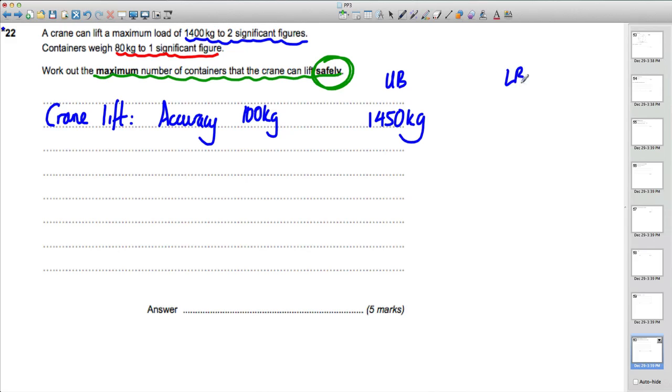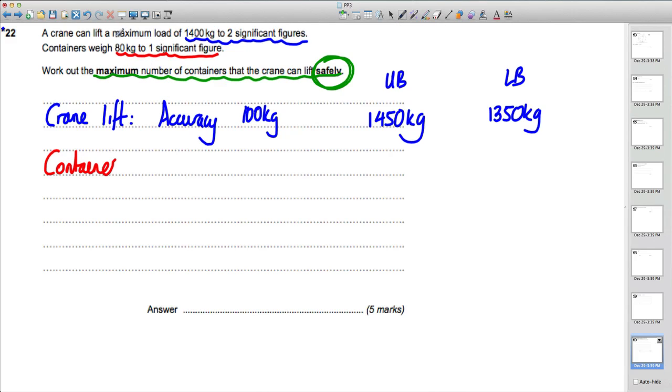And for the lower bound, you halve your accuracy and subtract it, 1350. That's telling me that a crane can lift between 1350 and 1450 kilograms because I've measured it to the nearest 100 kilograms. Anything in between there would round to 1,400 kilograms.